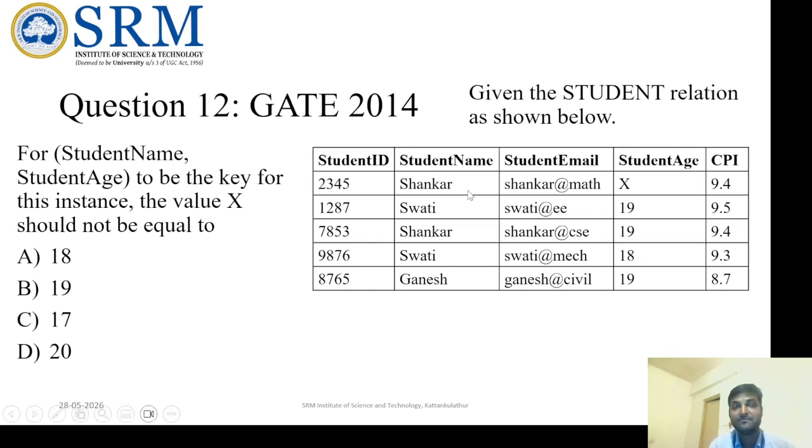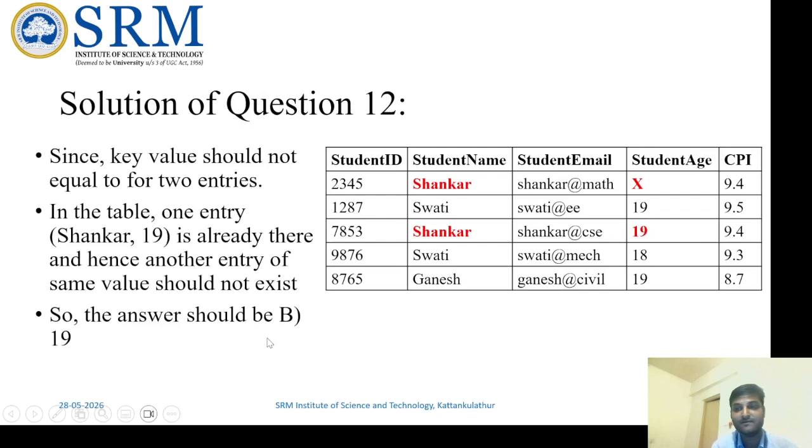One attribute may be the same. For example, Shankar is common here, but x should not be 19. Otherwise, they both will be the same and they will not be the key. The constraint will be violated. So hence the answer will be B, 19. The explanation given here is the same. I have written it in this red one. They are both the same, and so x should not be 19. And so the option B, 19 is correct.